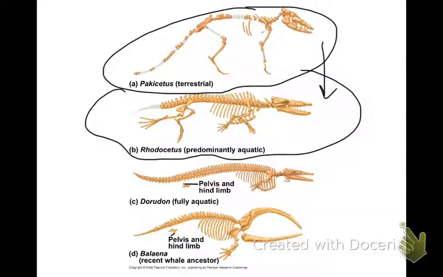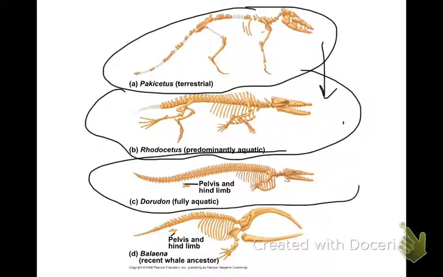And after a few fossils down the line, you can see that they became completely aquatic, with the pelvis and the hind limb becoming very, very small and losing significance.